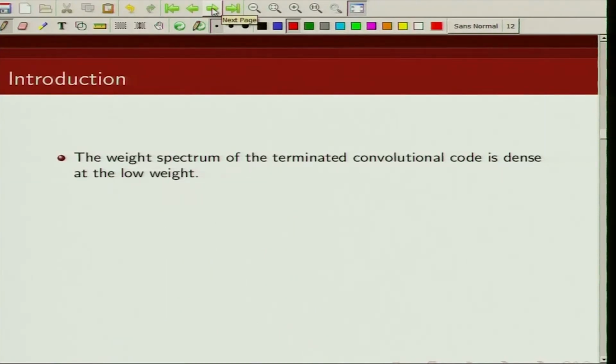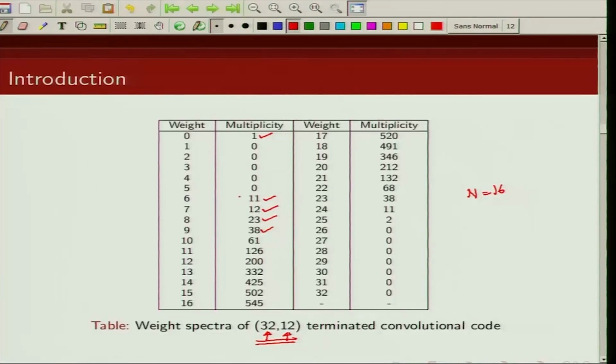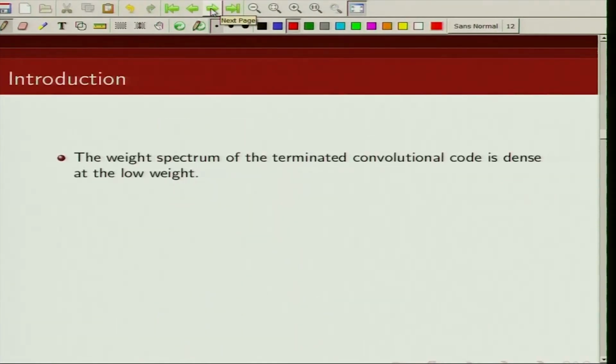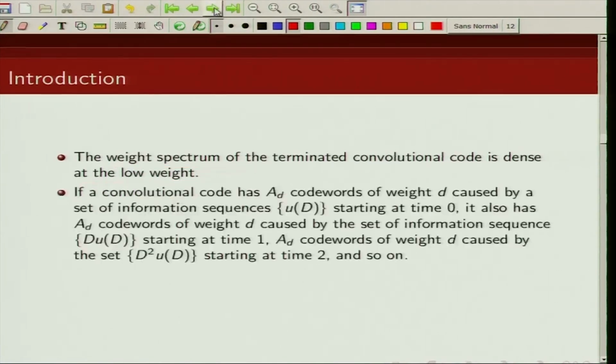The thing to be noted here is that the multiplicity of code words having small weight is quite high. There are 11 code words of weight 6, 12 of weight 7, 23 of weight 8, 38 of weight 9. So the statement which I am making is, the weight spectrum of a terminated convolutional code is dense at low weight.